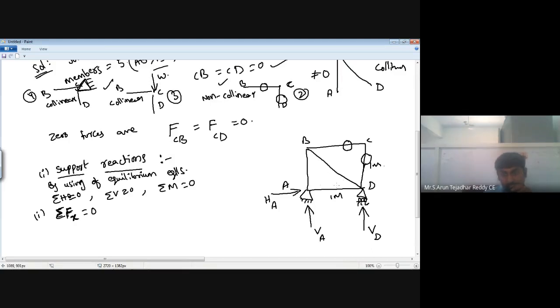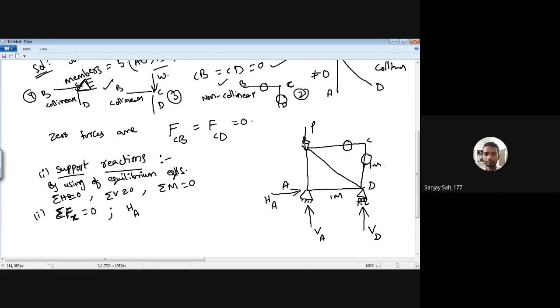Observe this diagram clearly. That is only one horizontal force, that is HA. Except HA, is there any horizontal force in this diagram? No, only HA.